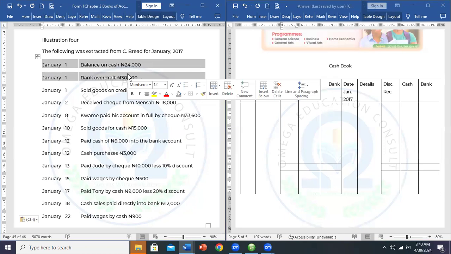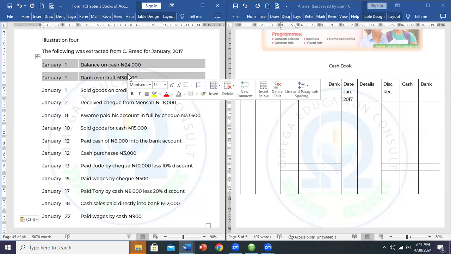And you remember, in accounting, if you want to record a balance, you use the balance brought down at the beginning of the period. When we're balancing accounts, the balance brought down date is normally around the first. So when you see a balance on the first, that's a balance brought down.